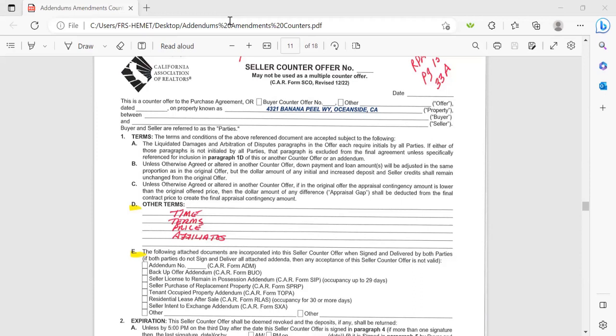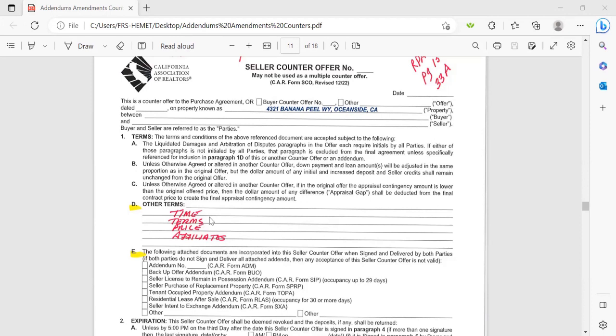But if the seller wants to counter things, they can counter basically anything they want. They can counter time. When do you want to close escrow? 30 days? No, we need 45. Terms: we want you to pay $5,000 worth of closing costs. No, sorry, we're not going to pay any of your closing costs. Purchase price was $650.